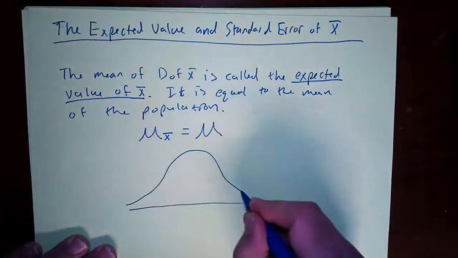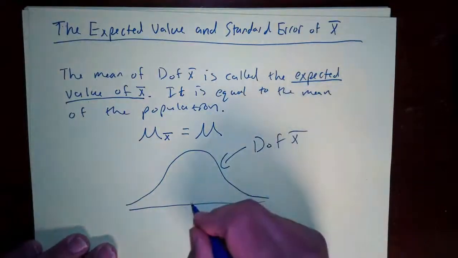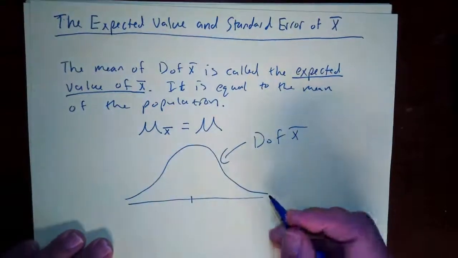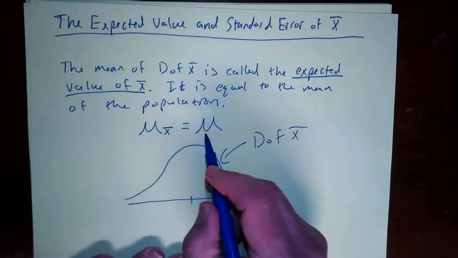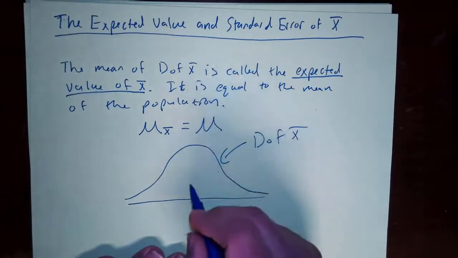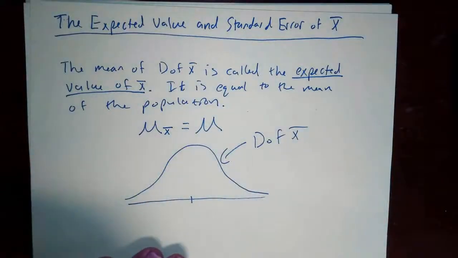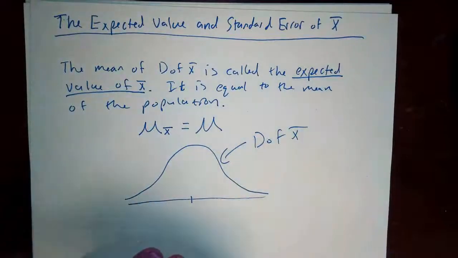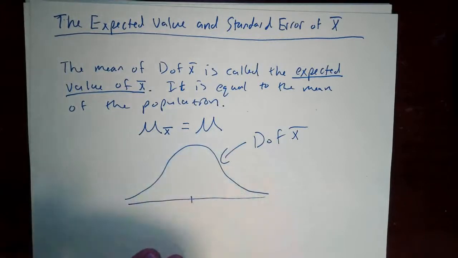If this is the distribution of all the possible sample means, so if this is the distribution of x bar, and all the possible sample means are distributed all around, well, you would expect the mean of your sample to be kind of close to the mean of the population. It's kind of like if you took out just a single value from the population. That value could be anywhere, but if I took out 50 values and averaged them, that would be close to the mean of the population.